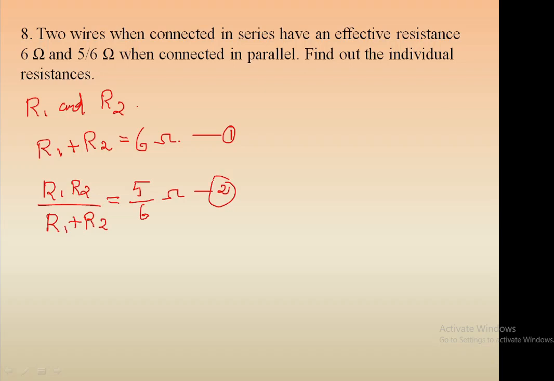So we can write from equation number 2, R1 into R2 is equal to 5 ohm. So we have equation 1 and 3, that is R1 plus R2 is equal to 6 ohm, R1 into R2 is equal to 5 ohm.